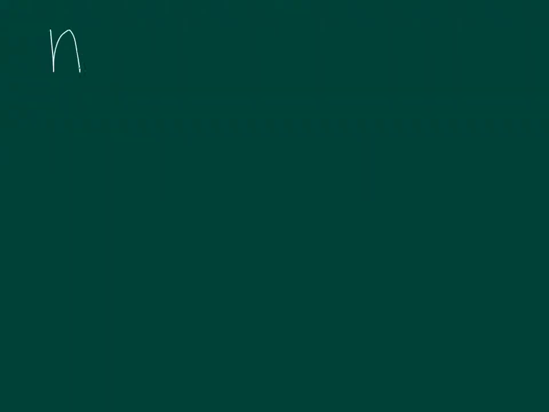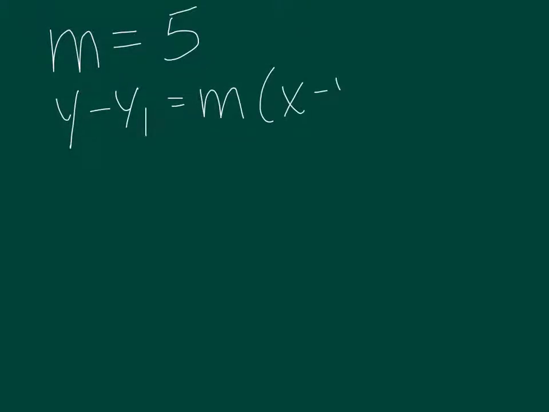Okay, so now that we know that the slope of the secant line is 5, we can use the point slope form to find the equation of the secant line. So point slope form, y minus y1 equals slope times x minus x1. So y minus, if we remember our points from earlier, one of them was (1, 4).